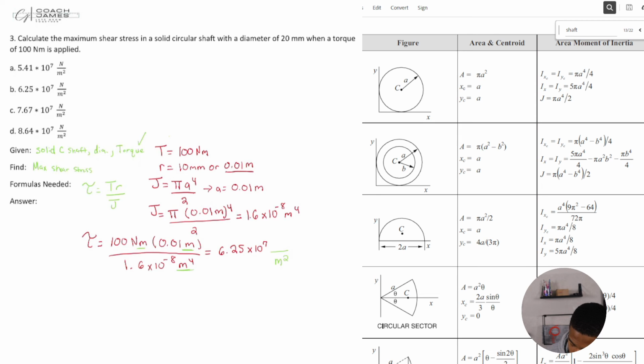And what's that something? We still have newtons, which don't cancel with anything, but those are the units I need. Stress is always force over area. So I end up getting B for this one.